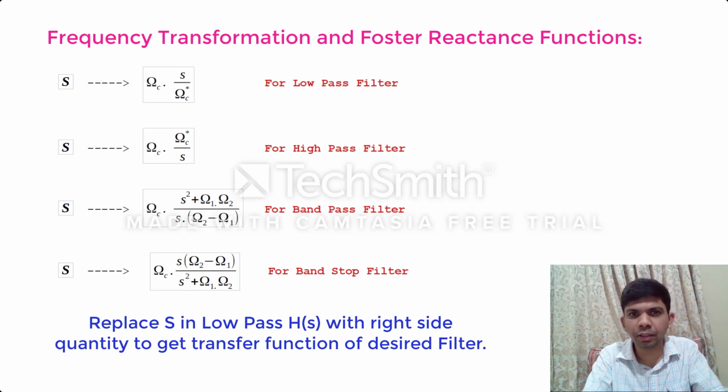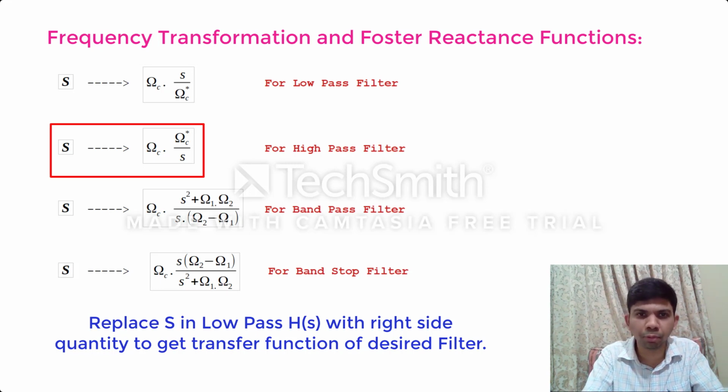Similarly, we have another relation for the high pass filter. For designing the high pass filter from the prototype low pass filter, we need to replace the complex variable s in the transfer function of the prototype low pass filter with the quantity omega c into omega c star divided by s.